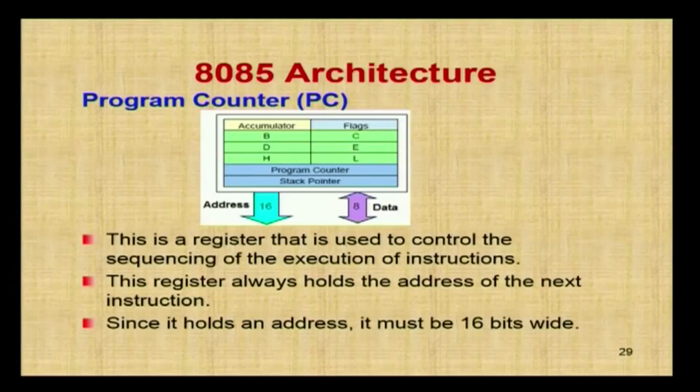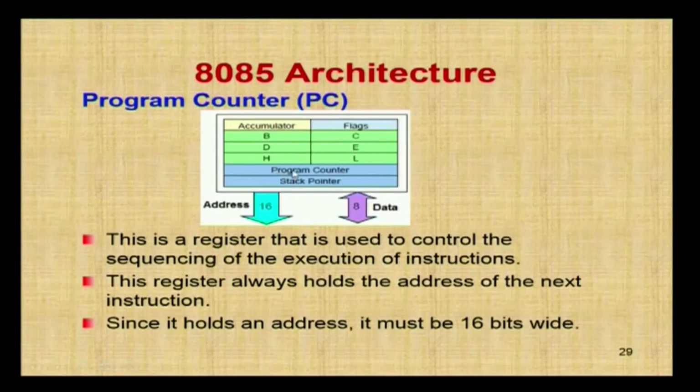The instructions in the microprocessor are stored sequentially, one after the other, starting from location 0, then 1, 2, 3, 4. You have to keep accessing the memory locations in sequential order.